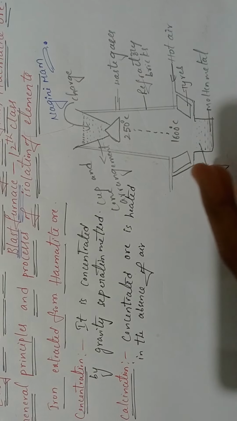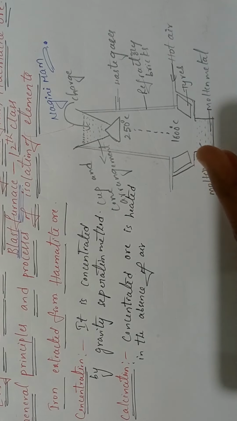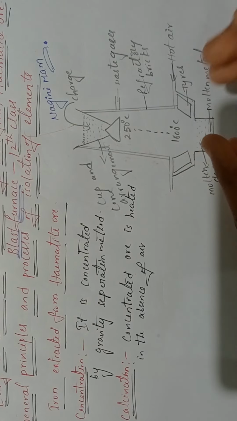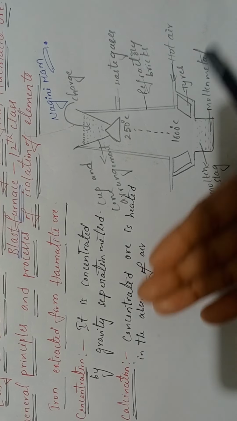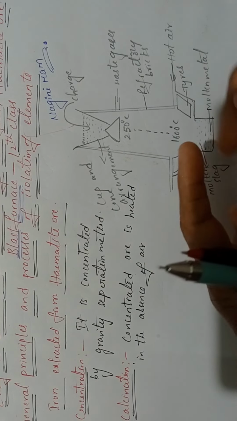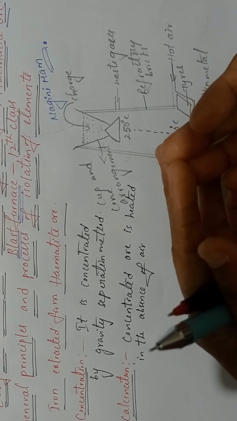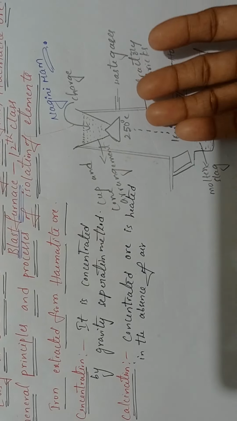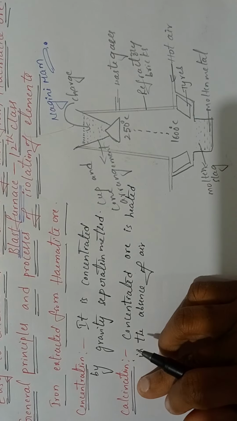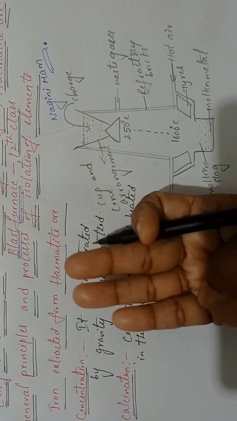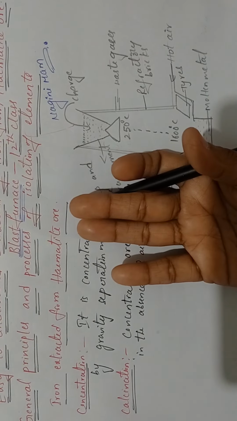Here still some impurities are there, and those impurities are also removed. So what type of impurities? By the calcination method, any moisture or volatile impurities present can also be removed, students.